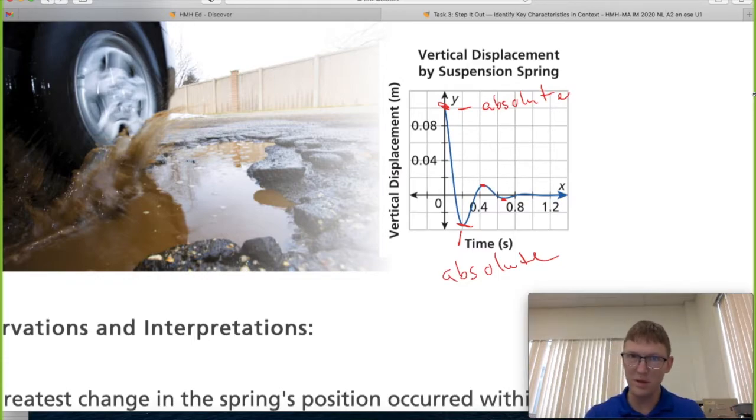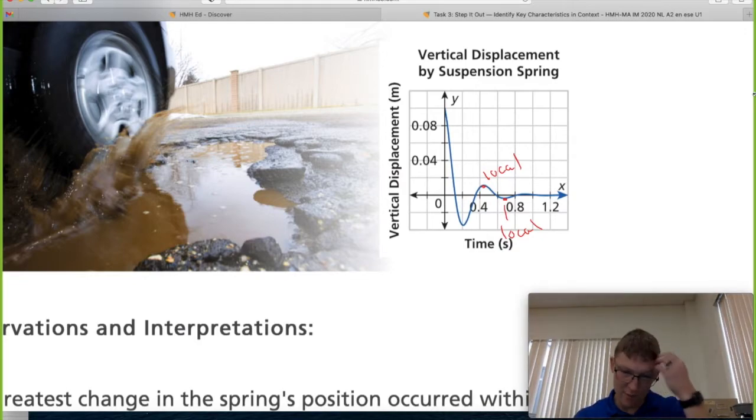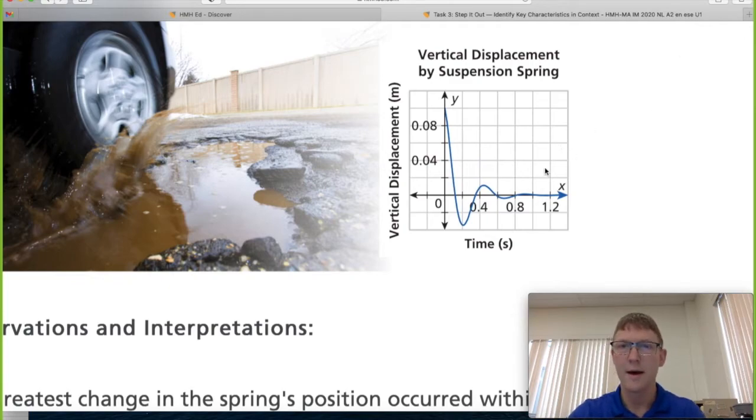Both of those words mean the same thing in this context. And then these two right here are what's called a local maximum and a local minimum. So those are kind of important, more characteristics to note that can tell us about the function, even though it's not a global maximum or minimum.